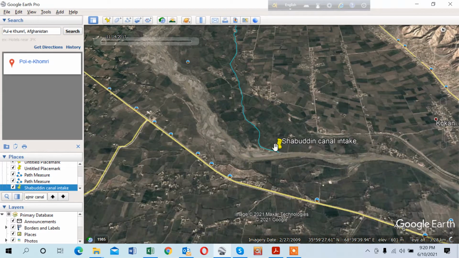Here we have to assess the water level, low flow water level and high flow water level. So this is the most important thing to assess the irrigation intake. We have a sluice over here and also an intake for the irrigation withdrawal.